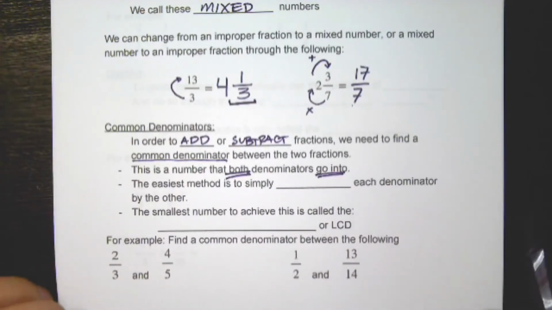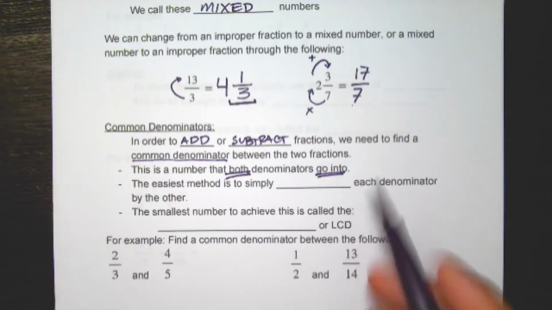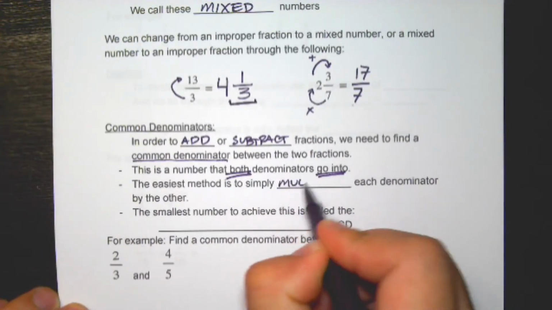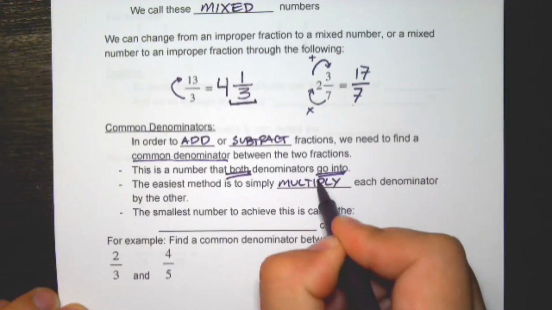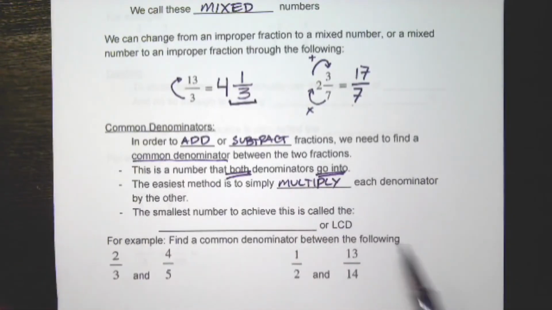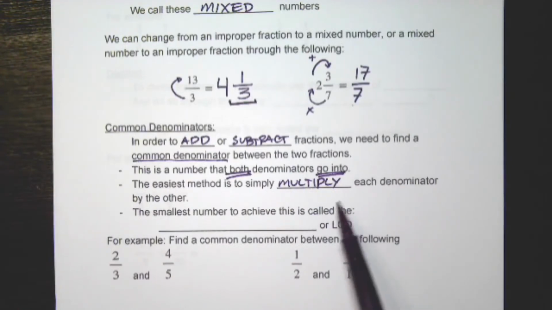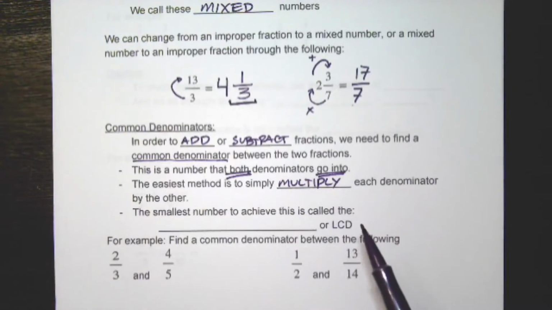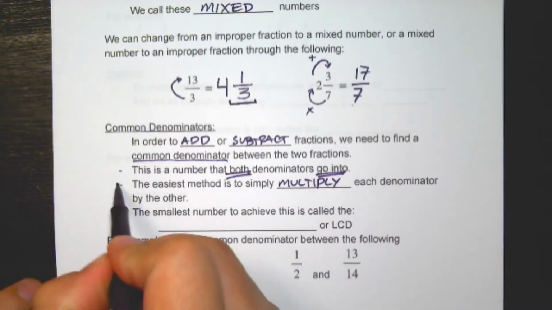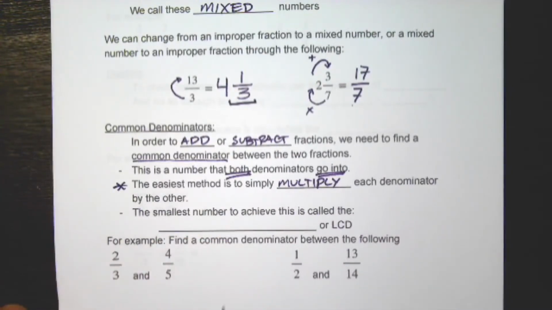We'll see what that means in a second. The easiest way to do this is to just multiply our two denominators. Because then just by definition, say we had 2 and 6, you multiply that, you get 12. Well, 2 has to go into 12, and so does 6, because they're the numbers that made it. So the easiest way to do this, a little star on that, is just to multiply each denominator by each other.